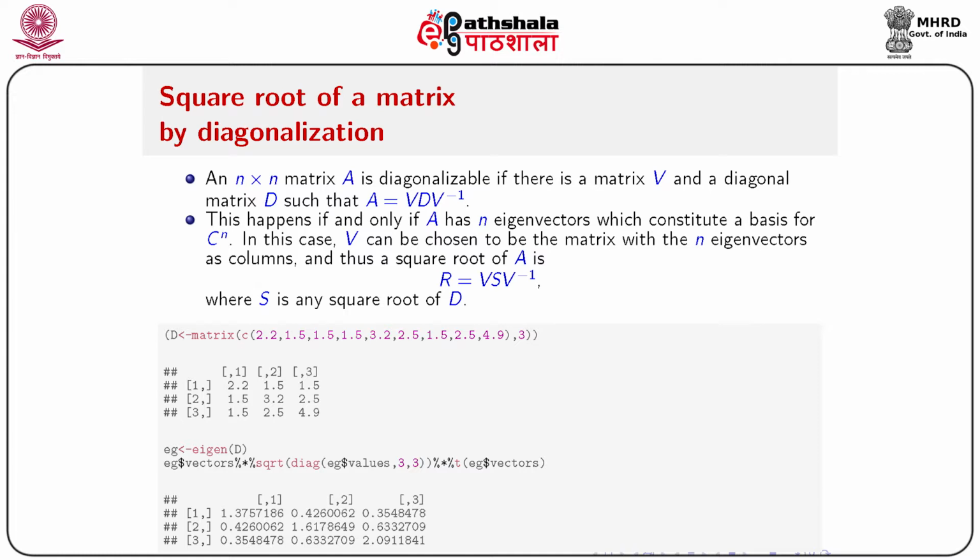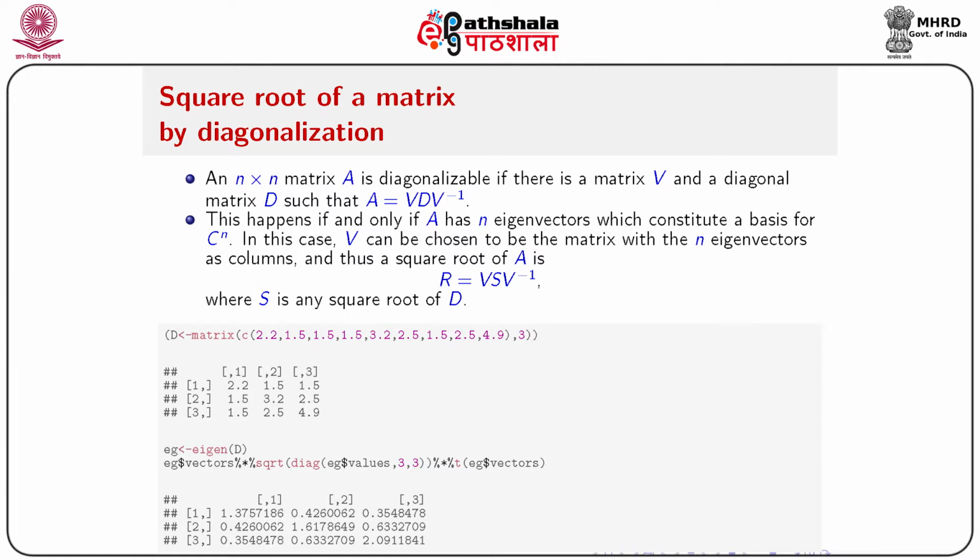In this case, V can be chosen to be the matrix with n eigenvectors as columns, and thus a square root of A is R equals V S V inverse, where S is any square root of D. As D has diagonal elements, just take the square root of the diagonal elements, and that will give you the square root of D.